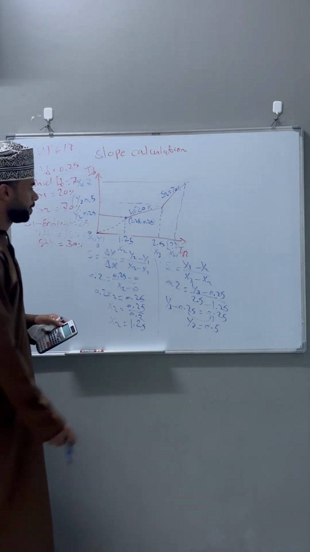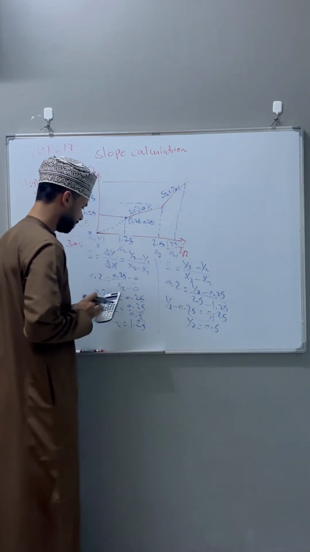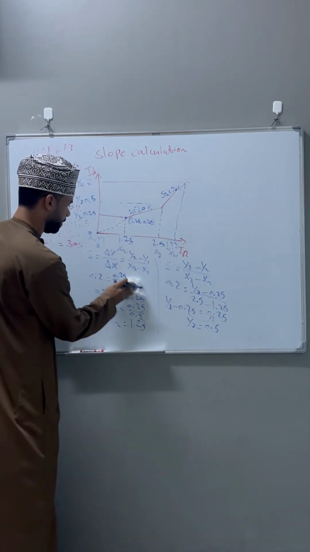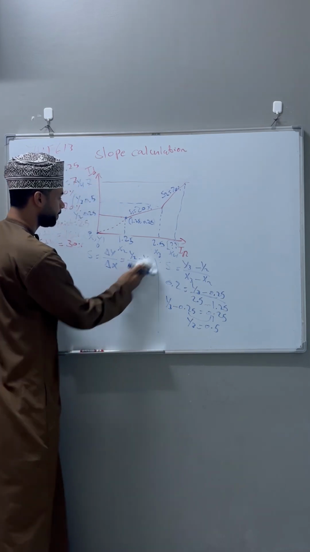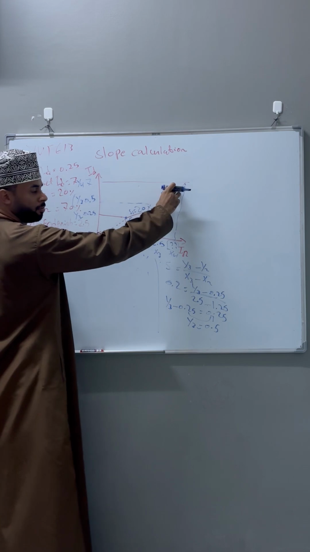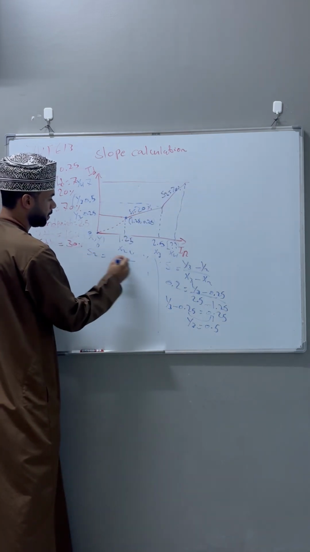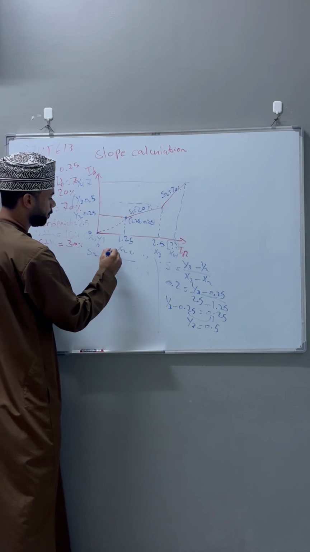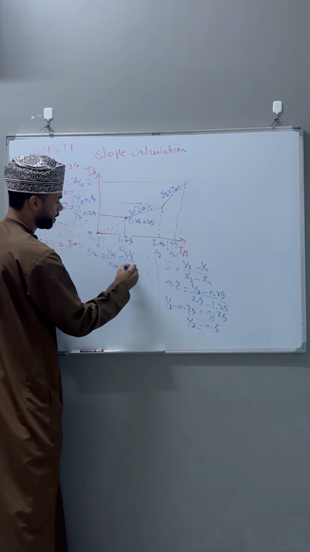Okay, so the last point here, I need to calculate the last point. I will remove this one. And this point belongs to what? Slope 2. So slope 2 will be equal to what? y4 minus y3 over x4 minus x3.